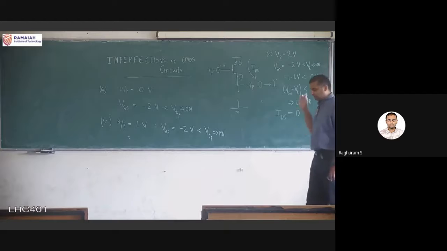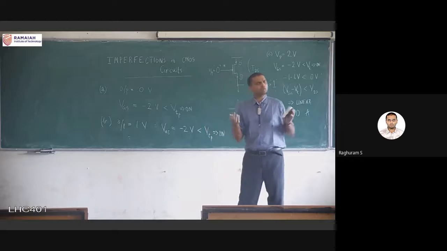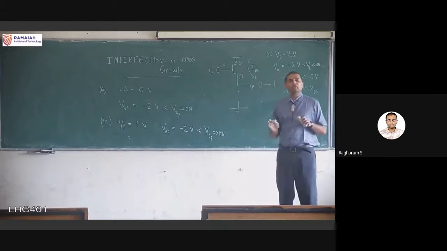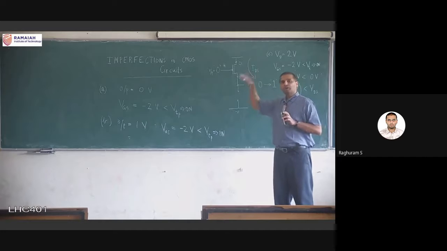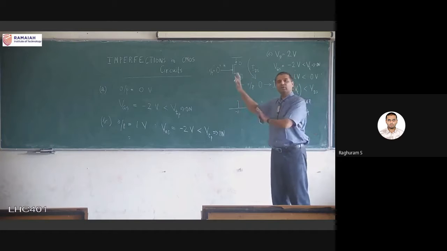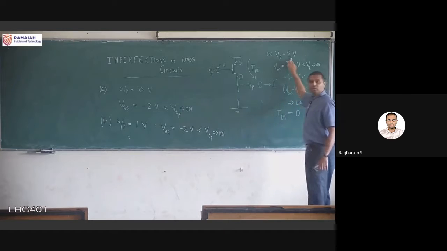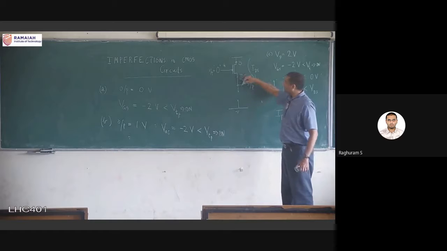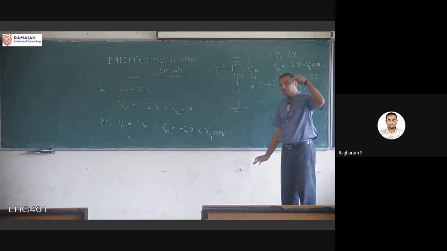If you remember the current equation for the linear region of operation, for NMOS and PMOS it is the same equation. The current equation is mu n C, W by L, into VGS minus VT minus VDS by 2, the whole into VDS. Since VDS is 0, the whole thing becomes 0. So once it has reached 2 volts, which means enough charge has been supplied and this point equal to this point is 2 volts, the transistor is still on, but current doesn't flow anymore, which means it has to stop at 2 volts.